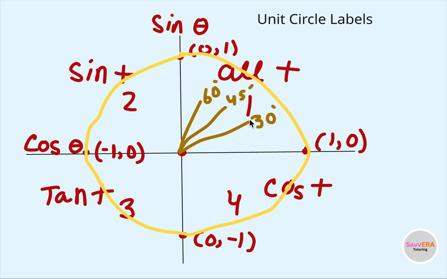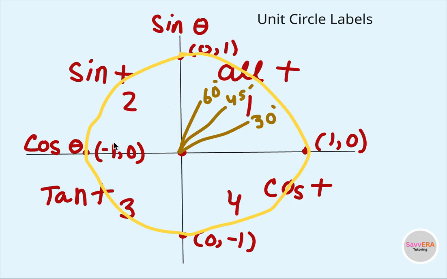So that's for quadrant 1. When you get to quadrant 2, you do the same thing, but the only difference is here we were taking 180 and subtracting from it.